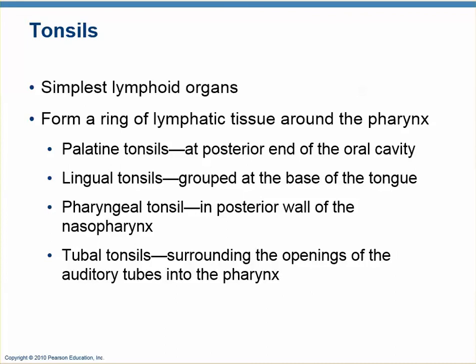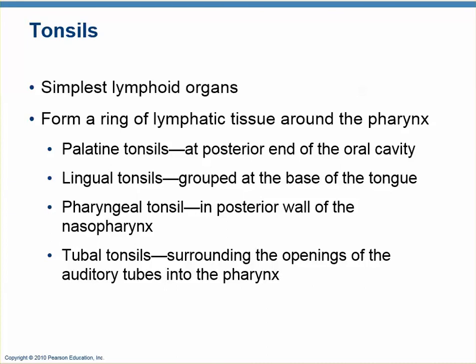posterior wall of the nasopharynx called the pharyngeal tonsils. When that gets enlarged, they're called adenoids. And there are tubal tonsils. These are the tonsils that are at the eustachian tubes, in the openings of the auditory tubes that go down into behind your ears. All of these tonsils are basically surveillance.